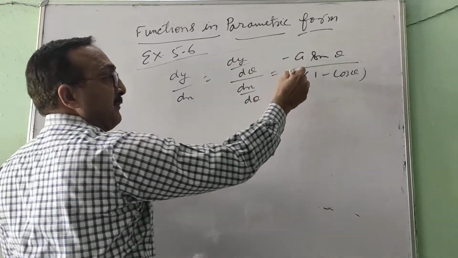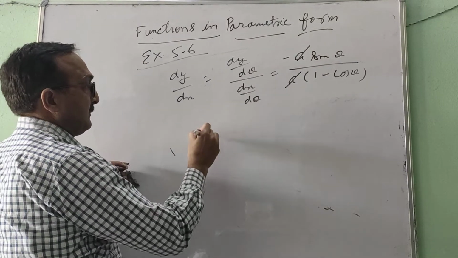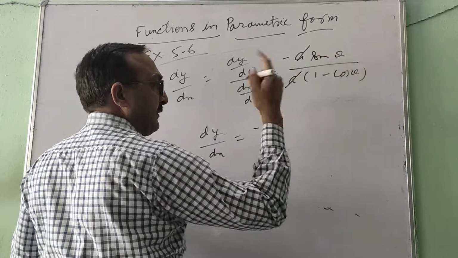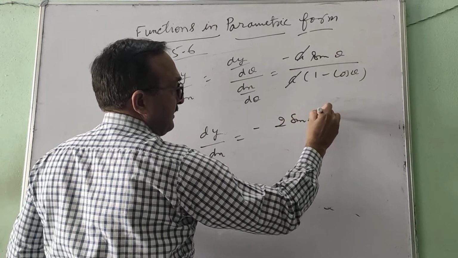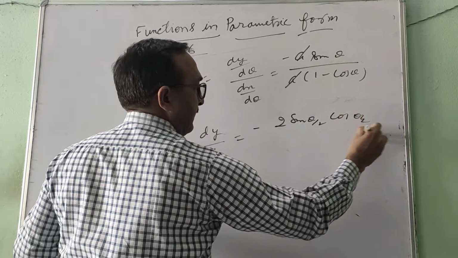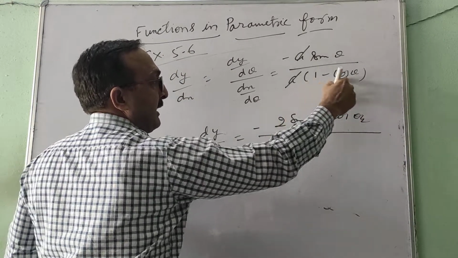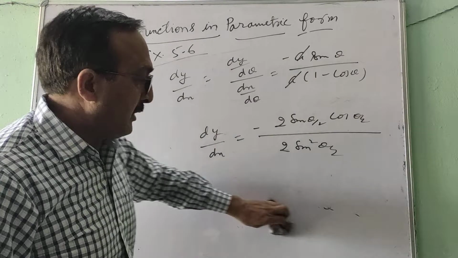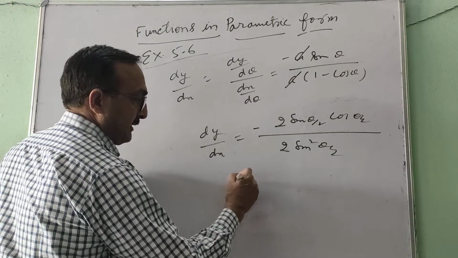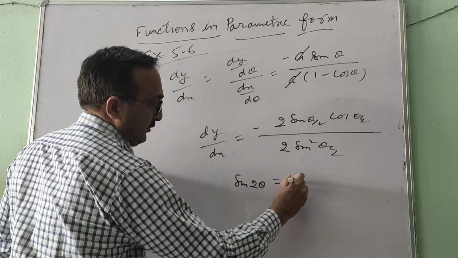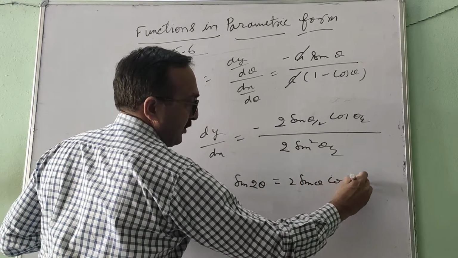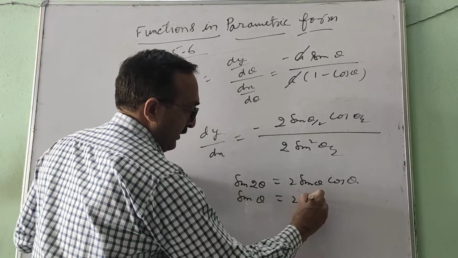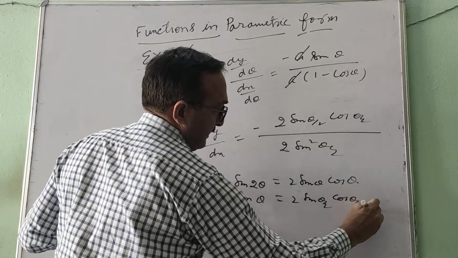But in this step you can simplify further. dy upon dx equal to minus, it is sine theta. We know a formula. Sine theta means 2 sine theta by 2 cos theta by 2 upon 1 minus cos theta. It is 2 sine square theta by 2. You have studied this trigonometric formula in class 11. The formula was sine 2 theta equal to 2 sine theta cos theta. If I take sin theta, not 2 theta, it will be 2 sin theta by 2 cos theta by 2.